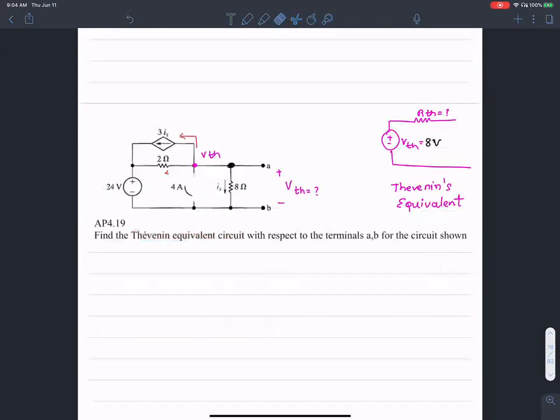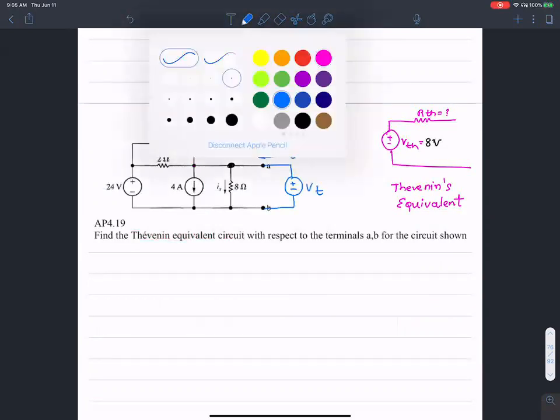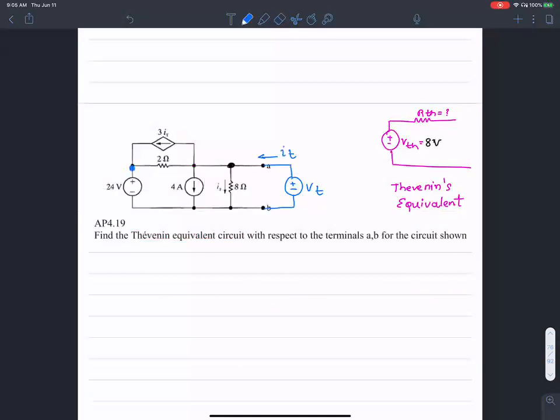In order to find the RTH, I have to apply a test voltage and a test current. V test, and look at the I test. When I'm doing that, I want to deactivate all the independent sources.